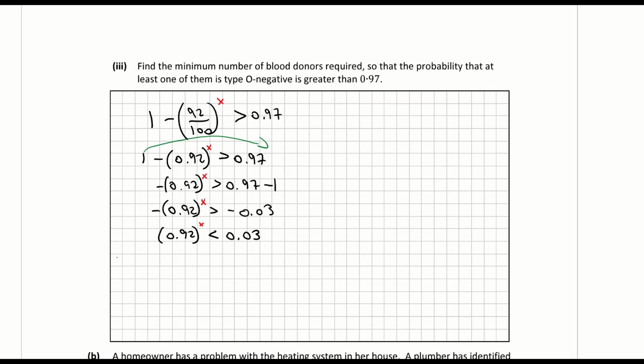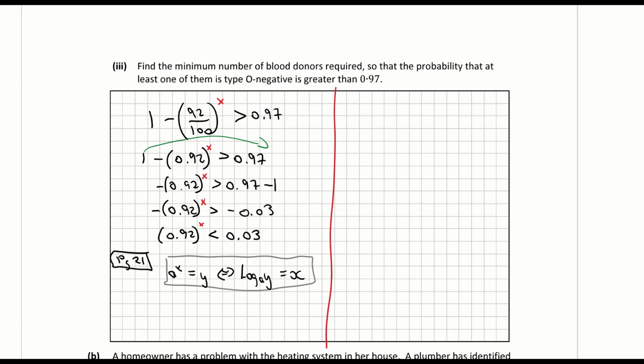Now I'm going to page 21 in my log tables, and I'm using the right-hand corner piece of information. A to the x is equal to y implies log of the base a y is equal to x. So I'm using that piece of information now in order to solve for my power x.